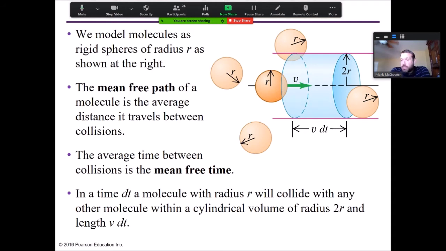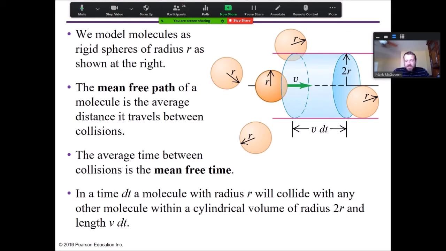And so if a molecule is going to encounter another molecule, then we think about a cylindrical volume. The width of the volume is basically the minimum space between two molecules. And the length, or the height, whatever you want to say, of the cylinder is going to be the speed of the molecules times a little delta t.